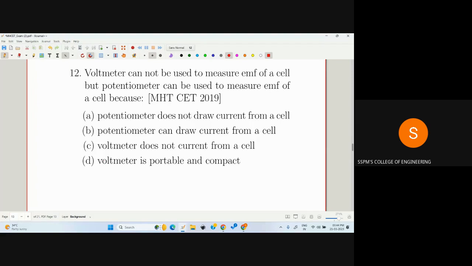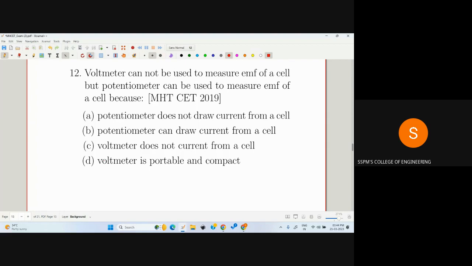The voltmeter cannot be used to measure the EMF of the cell, but potentiometer can, because the potentiometer does not draw current from the cell. Second option is potentiometer can draw current from a cell. Voltmeter does not draw current from a cell, and voltmeter is portable and compact. So what is the correct option?